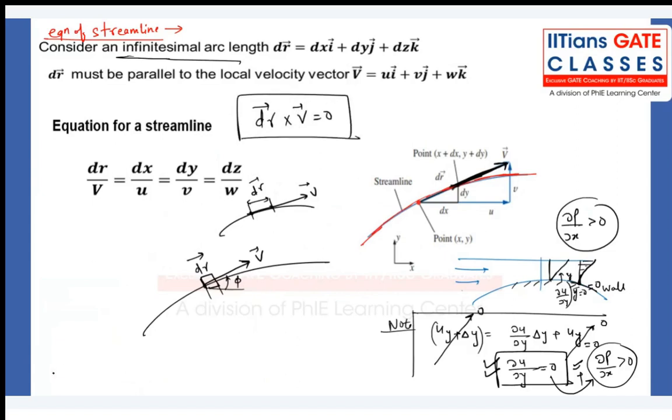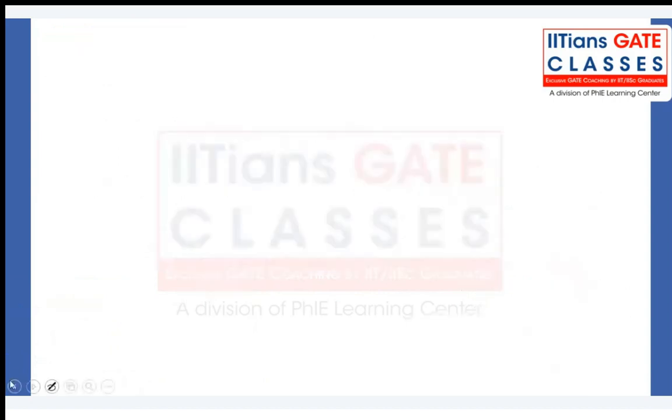Dr is what? dx i cap, dy j cap, and dz k cap. So dr cross v, we can write here i cap, j cap, and k cap.